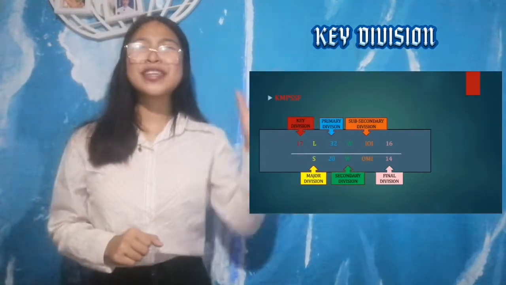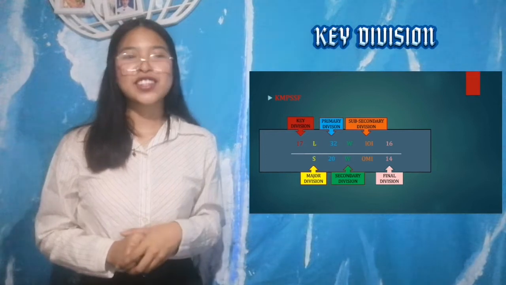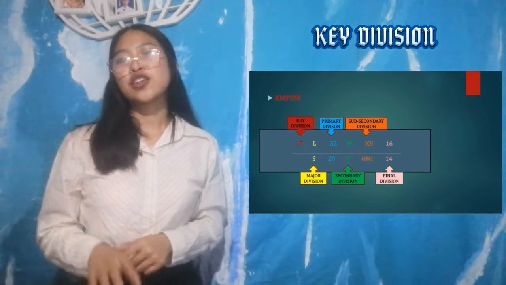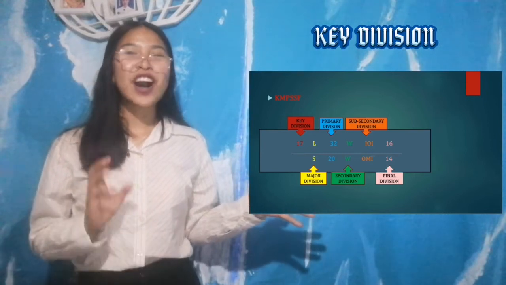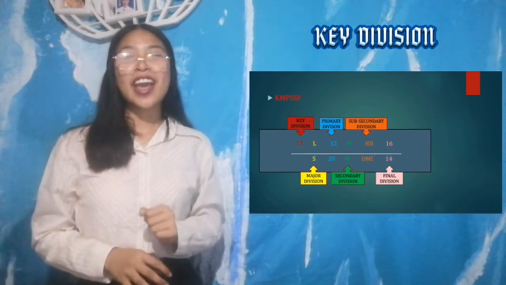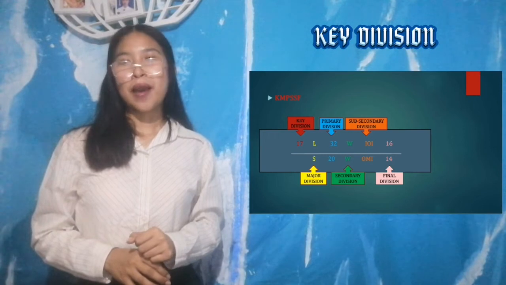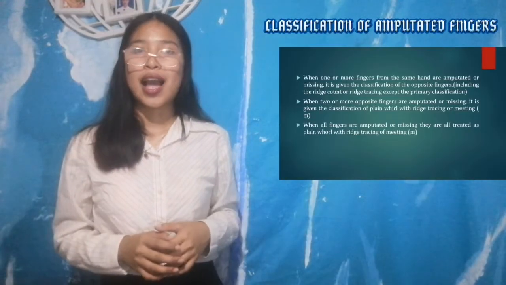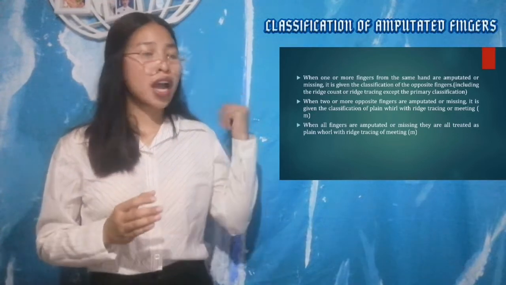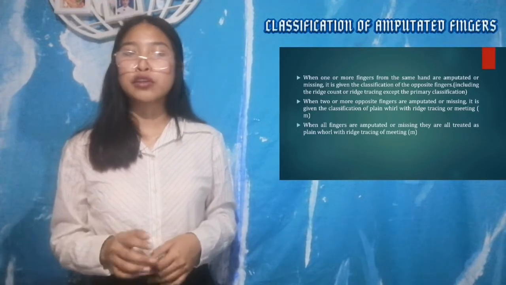So after completing all divisions of the fingerprint, your classification line will look like this, following the KMPSSF. For those who are asking, what if there are amputated or missing fingers?